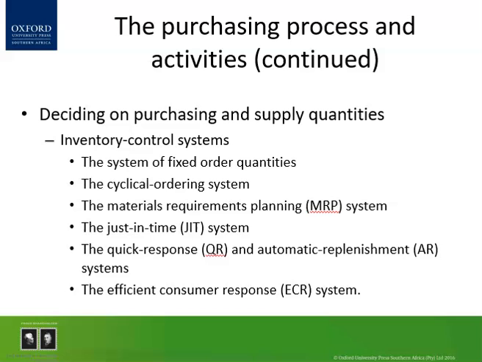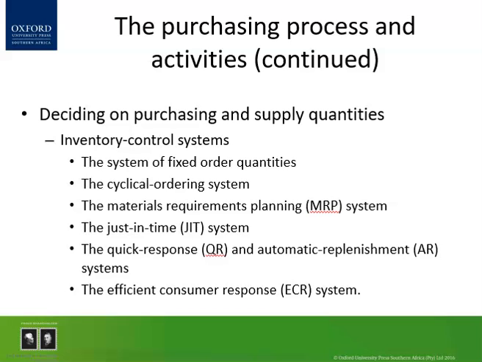So part of those inventory control systems, the most common ones, include the system of fixed order quantities. And in this system, what happens is after a certain period of time, the organization knows that they will order a certain quantity of materials. Then there's also cyclical ordering system.